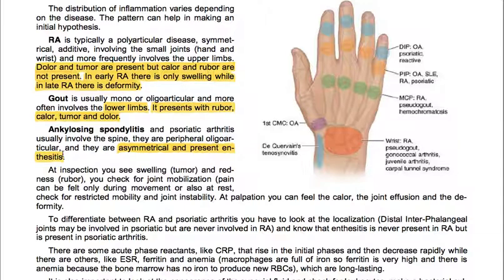To differentiate between rheumatoid arthritis and psoriatic arthritis, you have to look at the localization. Distal interphalangeal joints may be involved in psoriatic arthritis but are never involved in rheumatoid arthritis, and know that enthesitis is never present in rheumatoid arthritis but is present in psoriatic arthritis.